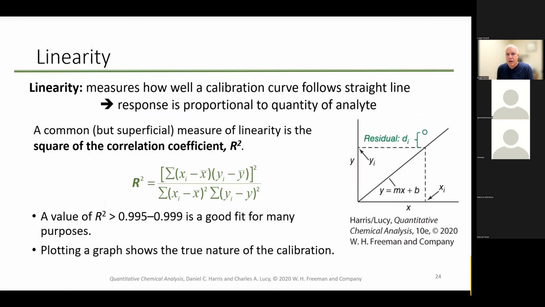And linearity you can get from this parameter R squared, which is, you know, I don't completely know how to interpret this number.